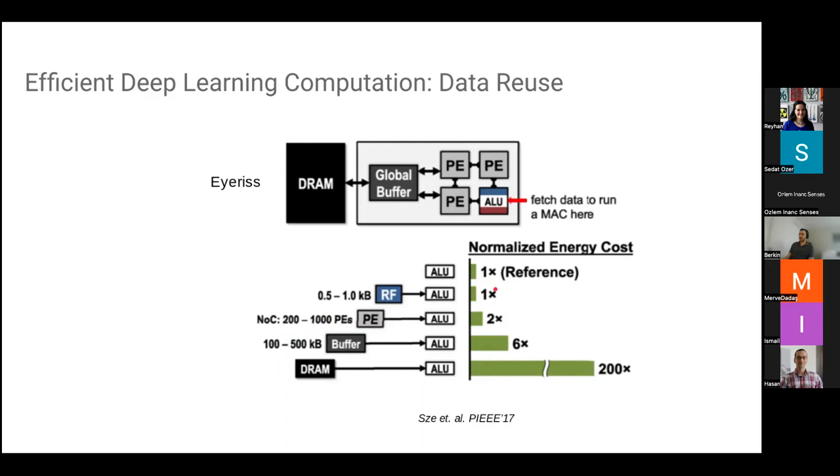So it is very important to have good data reuse, where we minimize the number of DRAM accesses and we maximize the data reuse. So our data fits in the global buffer or fits in local PE memories, and then we do computations effectively from there. So one of the goals is to minimize such external accesses, which are extremely costly.